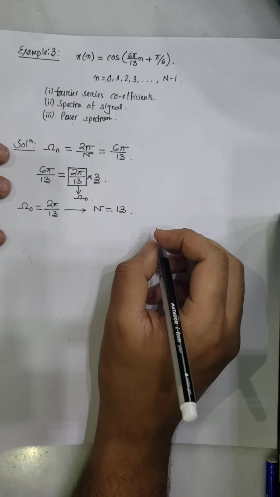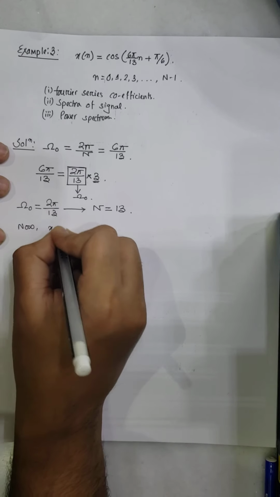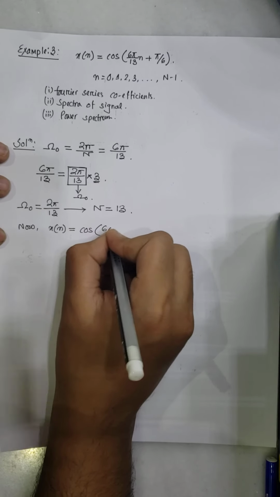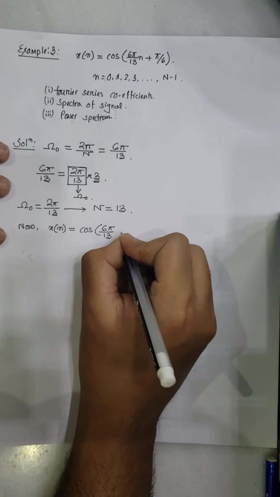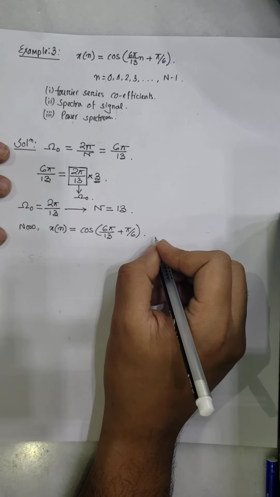Now let us go to the solution of the signal. x of n equals cosine of 6 pi over 13 n plus pi over 6.